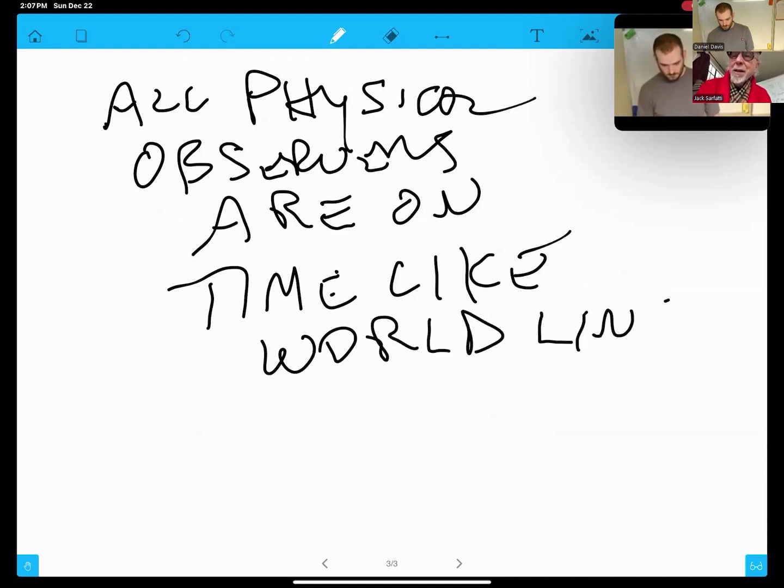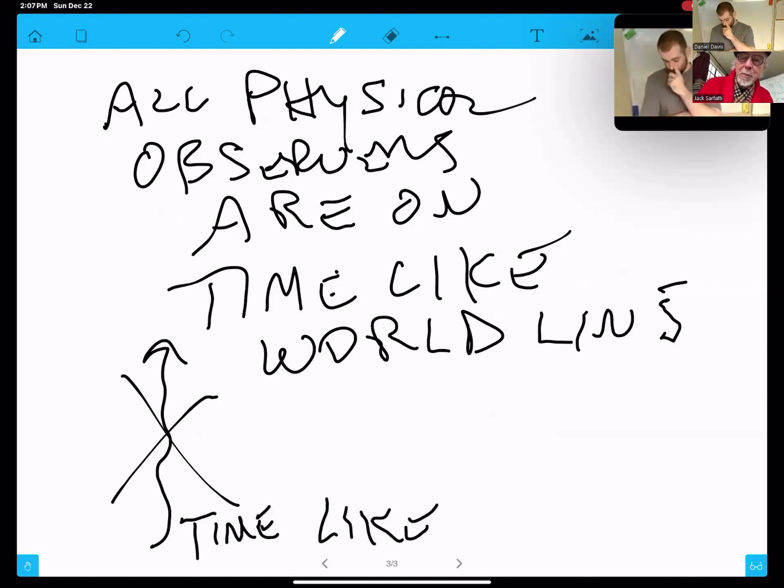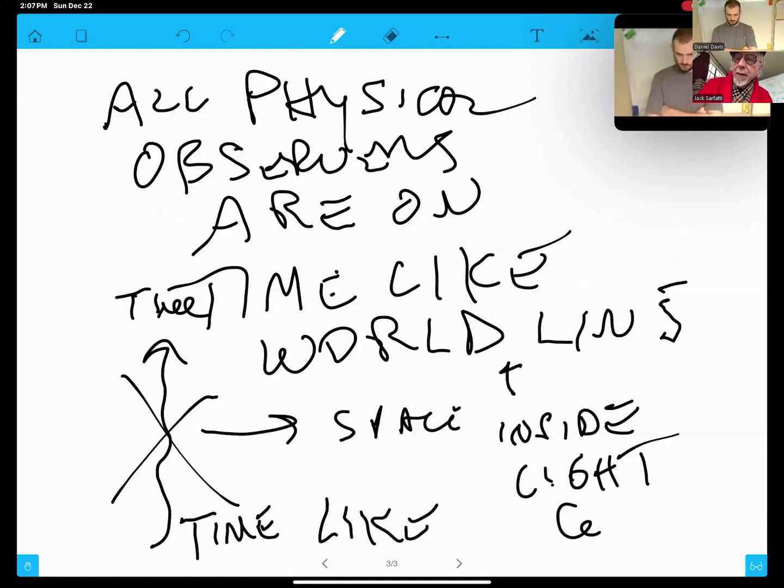Right? That means if there's a light cone, this is time-like. This is just space. That's time, inside the light cone. We don't have all our physics; this is a postulate now. There's a problem.